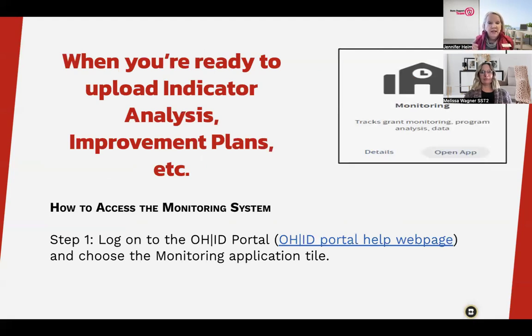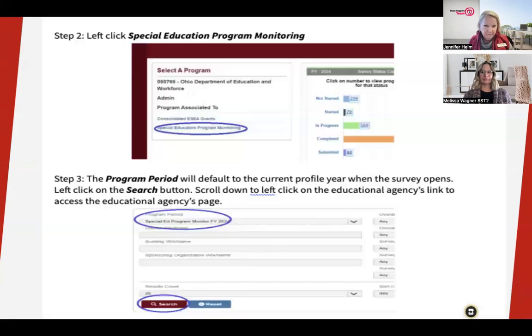And so this next section is just a quick walkthrough of how to upload documents to the monitoring system. I know I've been on Zoom calls with many of you working through this. So when you're ready to upload indicator analysis forms or improvement plans, you'll want to log into OHID and go to the monitoring application tile.